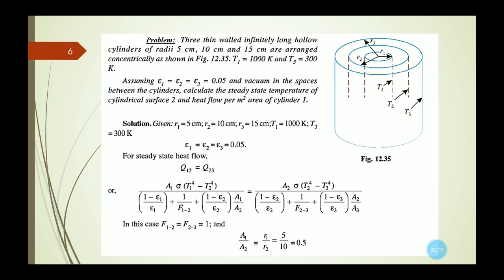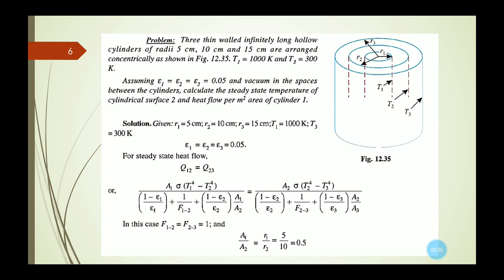So for these three concentric cylinders which can be seen in this diagram, their radii are given as 5, 10 and 15 centimeters respectively. And the temperature for the surface of cylinder 1, that is the innermost cylinder, T1 is given as 1000 Kelvin and T3 is given as 300 Kelvin.